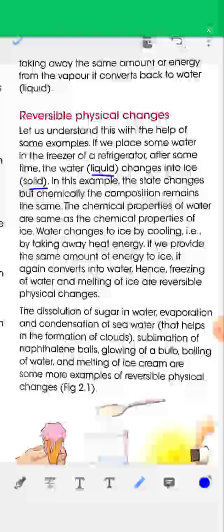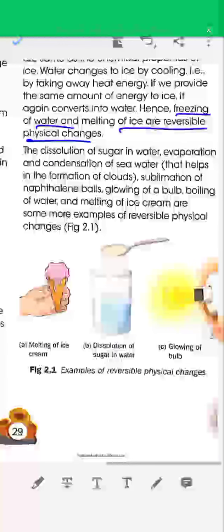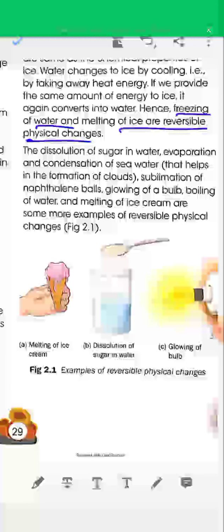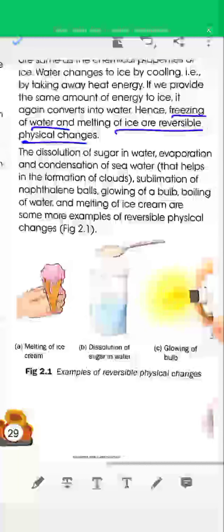So freezing of water and melting of ice are reversible physical changes. Some other examples of reversible physical changes are given here: boiling of water, melting of ice cream, dissolution of sugar in water, glowing of a bulb.